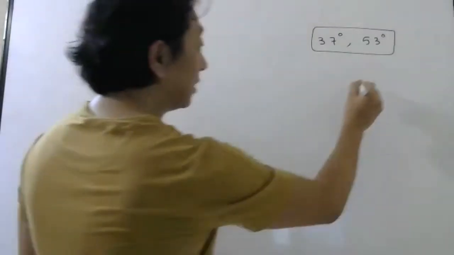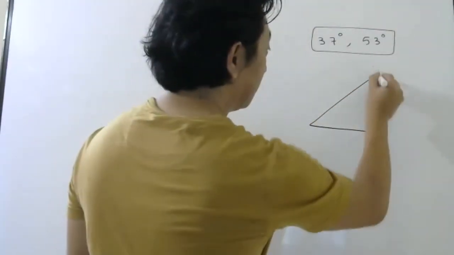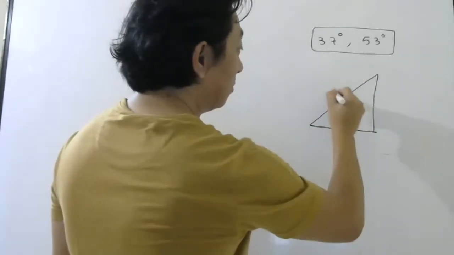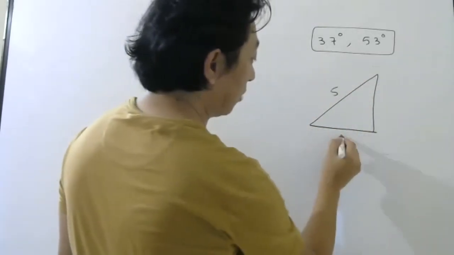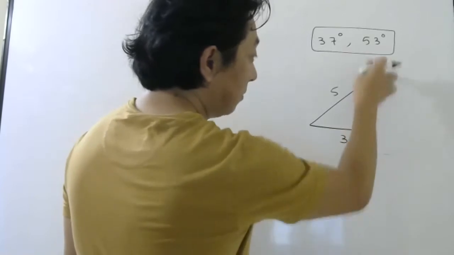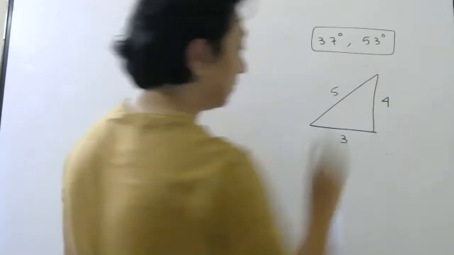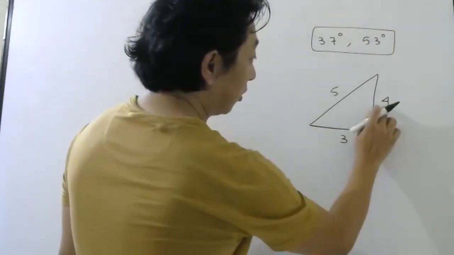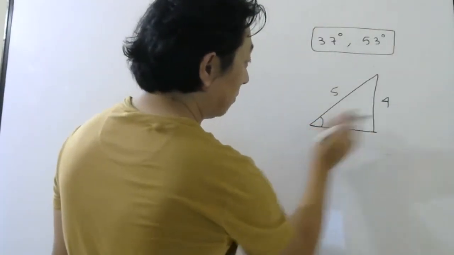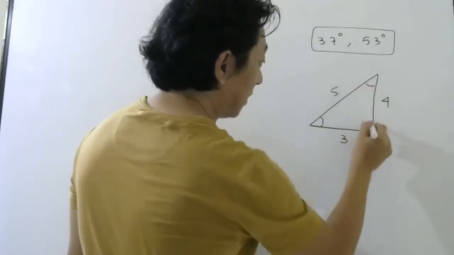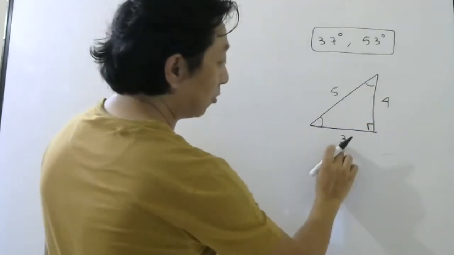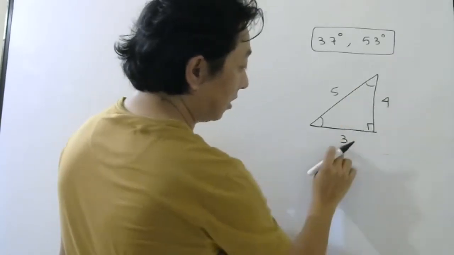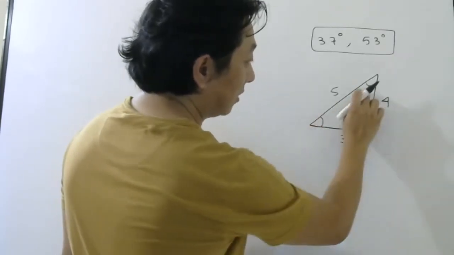Just remember this right angle triangle. Okay, this longer side you assume 5, this shorter side you assume 3, this medium side you assume 4. Okay, then this is 4, so this opposite angle should be bigger than this opposite angle. This will be 90 degree, no? So this is smaller, so this angle should be smaller. This is bigger than 3, so this angle should be bigger than this angle, right?